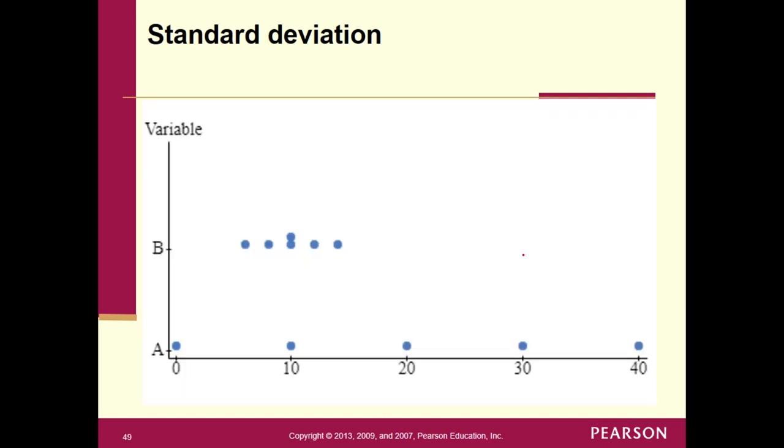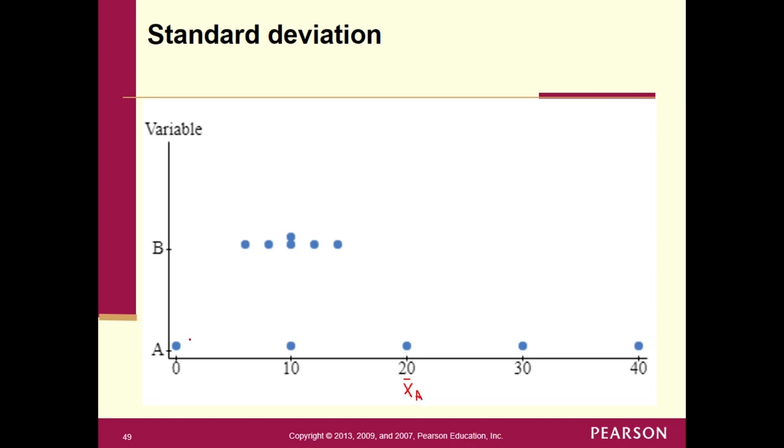All right. The last thing that I want to talk about is I want to visually show you what's going on with the standard deviation. So here's data set A, here's data set B. I've made dot plots for both of them. Now remember, the mean for data set A is at 20.